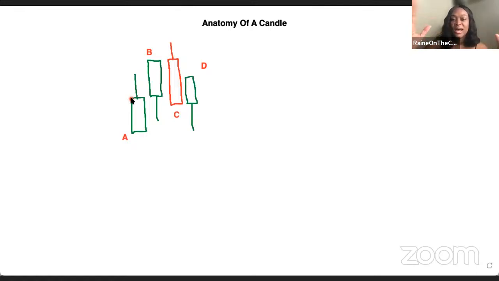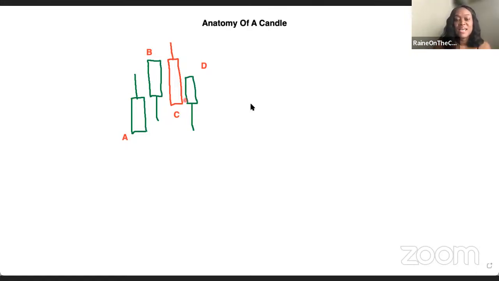When you're looking at the chart, you can choose what time frame you're looking at, whether it's the 1 hour, 3 hour, 4 hour, 5 minute chart, that's how long it takes for that candle to form.